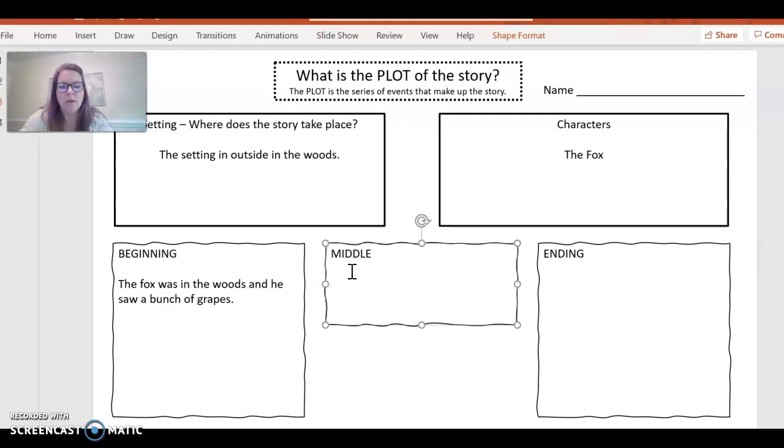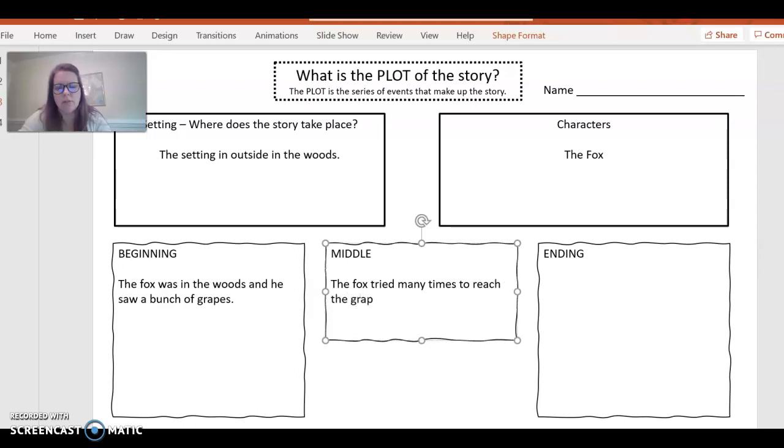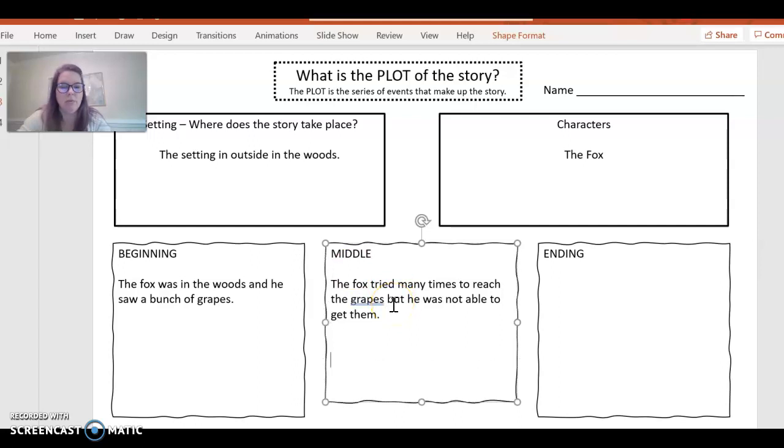Okay, so in the middle, the fox tried many times to reach the grapes, but he was not able to get them. Okay, you could also write that he was upset that he couldn't reach them.